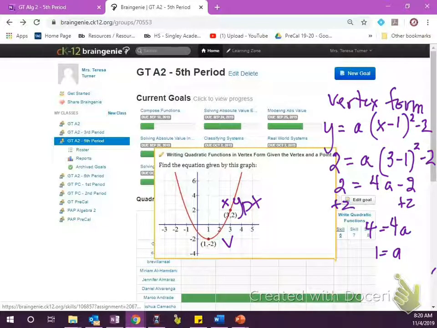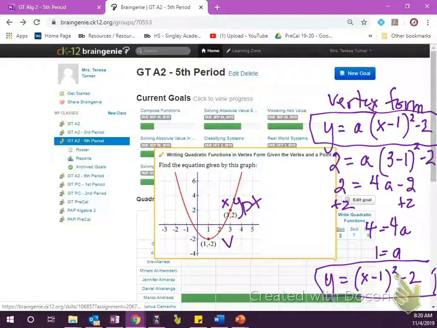Then my equation is this, except I have to put the 1 in for a. But since it's 1, we don't write it. So my final answer is y equals x minus 1 squared minus 2. So this is the answer to this question. Because a is 1, but we don't write it. So that's vertex and a point. You use the vertex form.